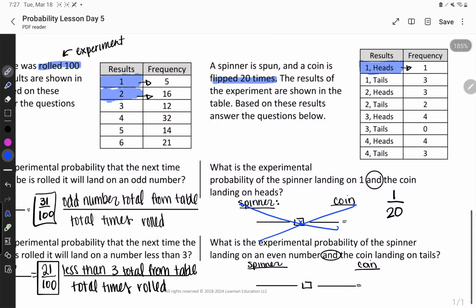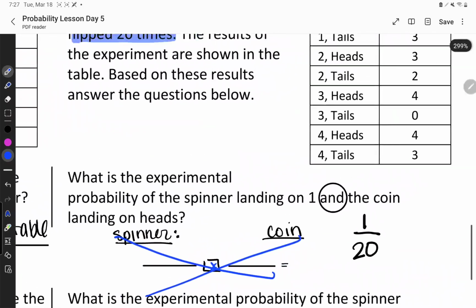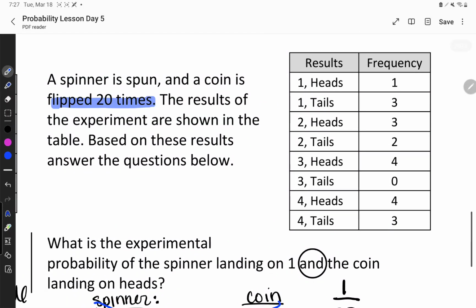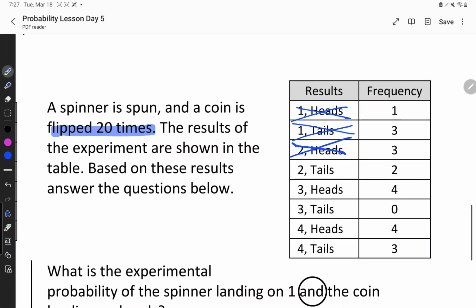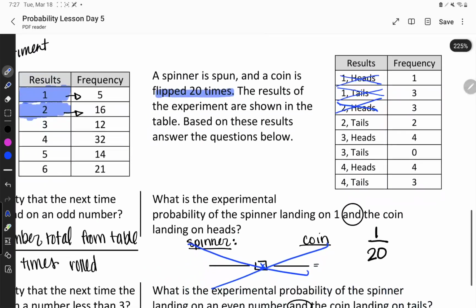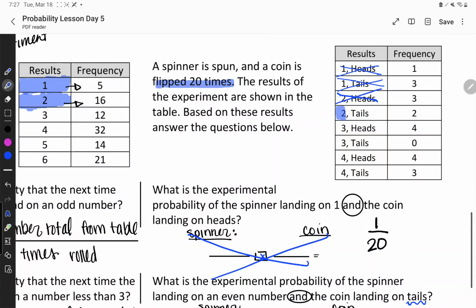And then the same thing here, X this out. This one says, what is the experimental probability of the spinner landing on an even number and the coin landing on tails? So if we look, 1 is not an even number, so we're not going to go with these. It wants the coin to land on tails, so we can't have one where it lands on heads. Here is an even number right here where it lands on tails.